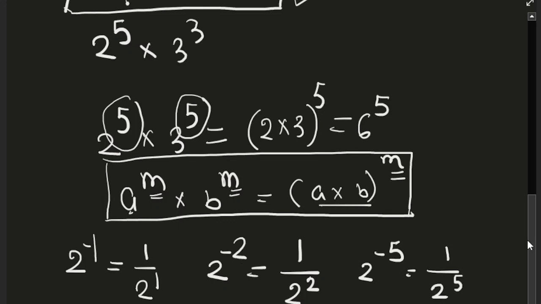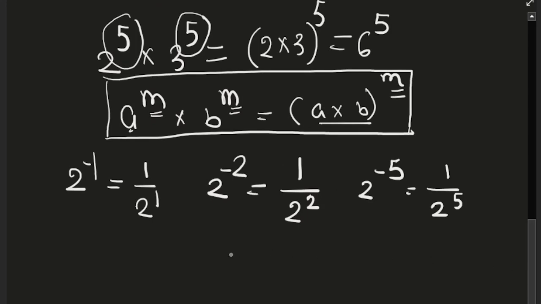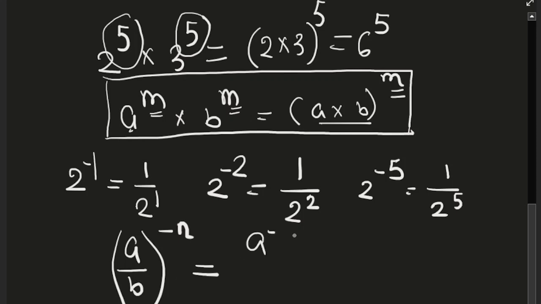These are the inverses. Now, if I write a by b to the power of minus n suppose, then what will be the answer? See here, a to the power of minus n by b to the power of minus n.